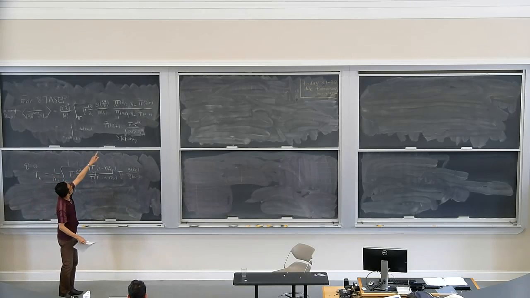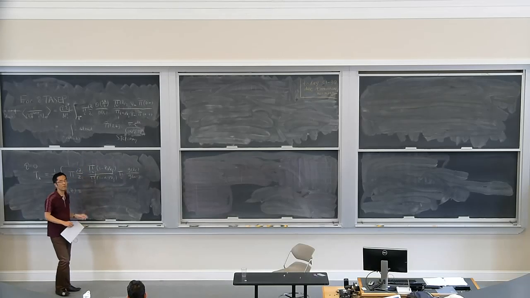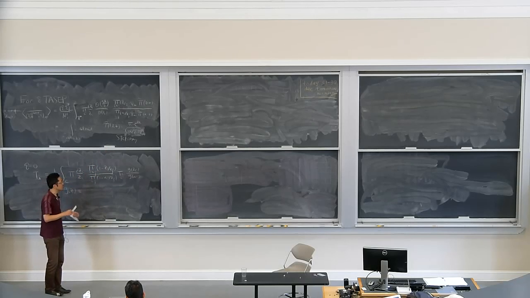If you take Q equals 0, from pi we get this Vandermonde square, and then the Q product becomes just a simple product, right?